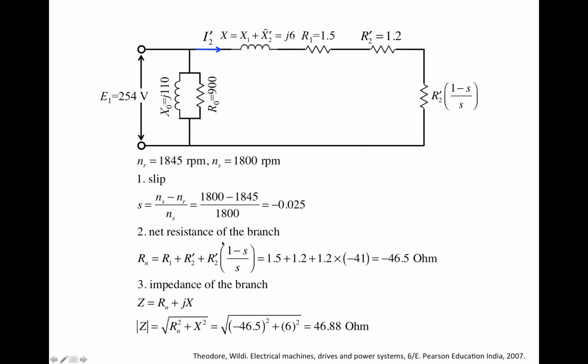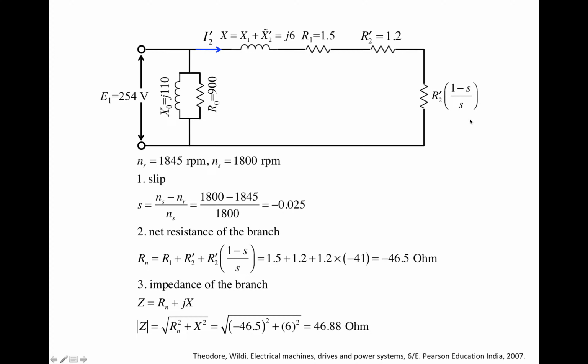Here R1 equals 1.5 plus R2 prime, that's 1.2, and then plus the resistance of this fictitious resistor. Because the slip is a negative number, 1 minus the negative number is a positive number, and then dividing by a negative number gives a negative number. So this resistor has a negative resistance, minus 41 ohm. This is the resistance of this particular fictitious resistor.